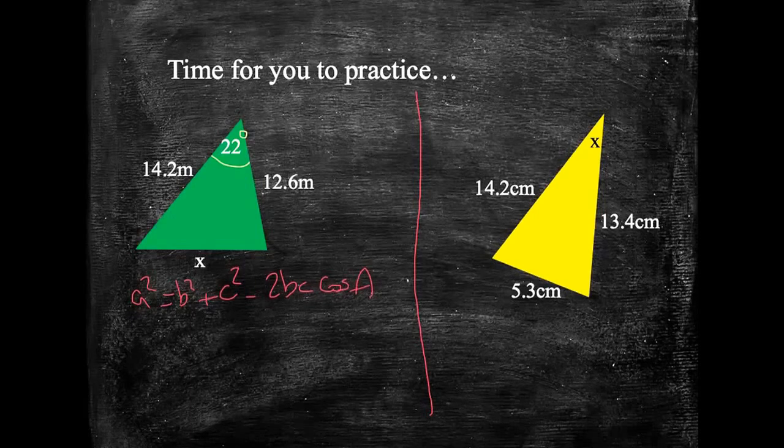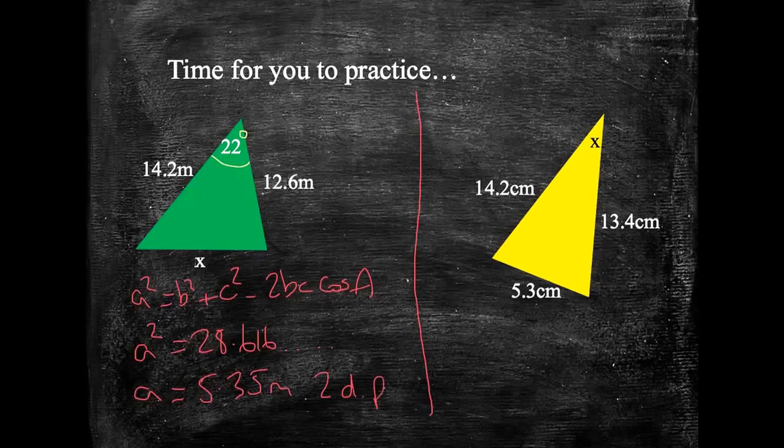If you make a mistake somewhere, you might have said that your answer is 28.616 and so on. Don't forget you've got to square root it. So a will be the square root of 28.616, which gives 5.35 meters, again to 2 decimal places.